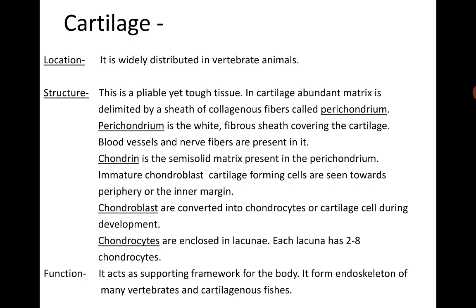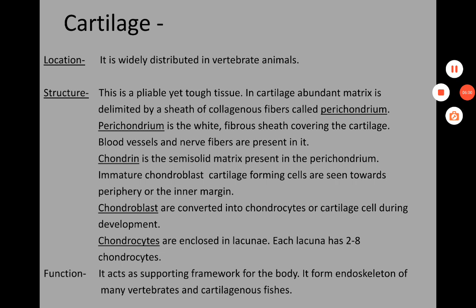This developing cell is called a chondroblast. Then chondrocytes: chondrocytes are cartilage cells. Inside the structure of chondrocytes, 2 to 8 lacunae are present, in the number of 2, 4, 6 and 8. This structure is called a lacuna.